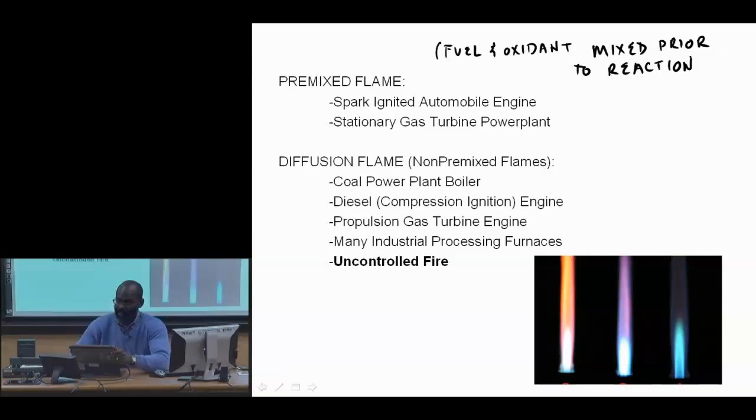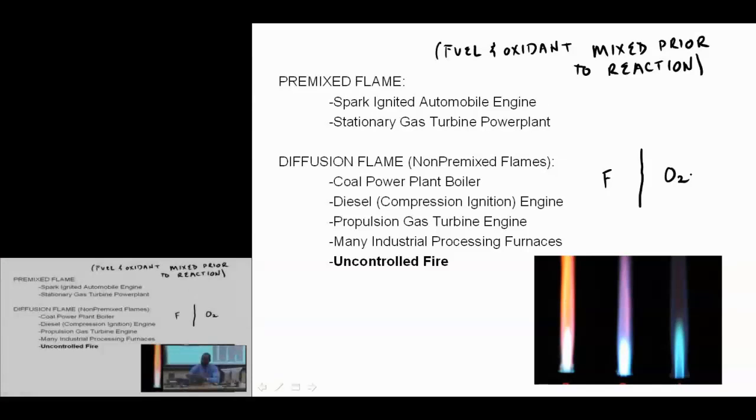And we have an interface where we have fuel on one side and, for example, oxygen on the other side. Here we have an interface where we have fuel and oxygen on one side, and we have products of combustion on the other side. Okay, so uncontrolled fires eventually burn in a non-premix or a diffusion fashion.